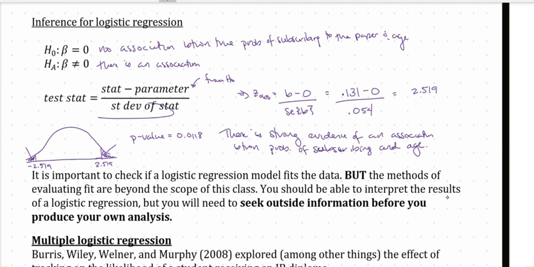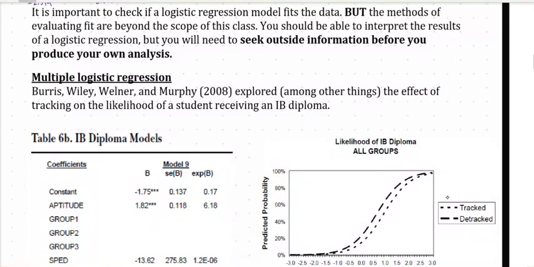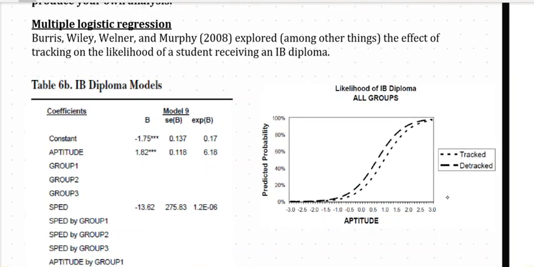With that in mind, let's look at a multiple logistic regression model where we might have more than one explanatory variable predicting a categorical response. In this example, some researchers explored the effect of tracking, among other things, on the likelihood of a student receiving an IB, or International Baccalaureate, diploma.